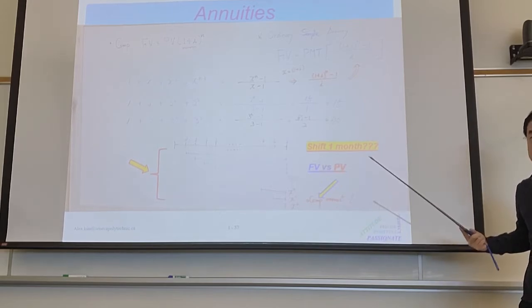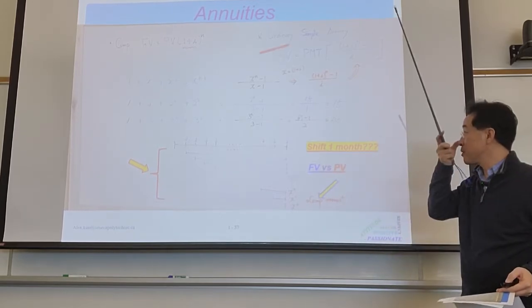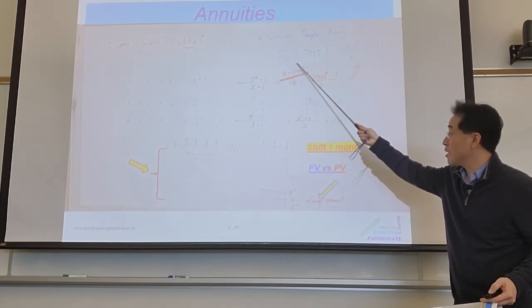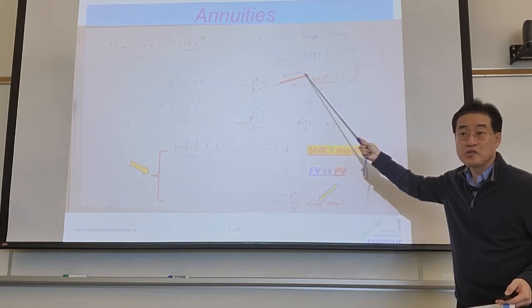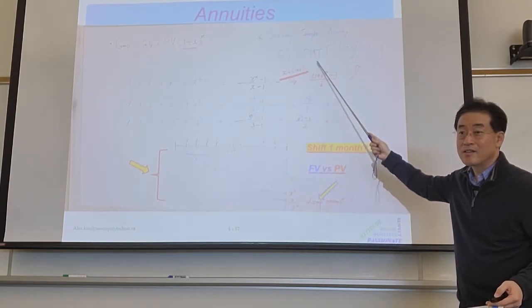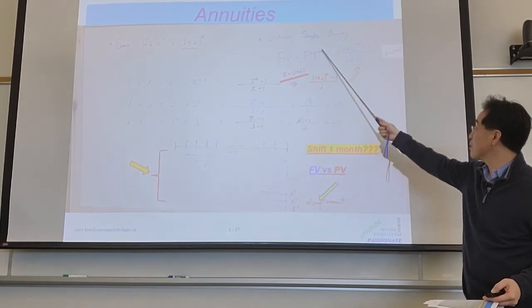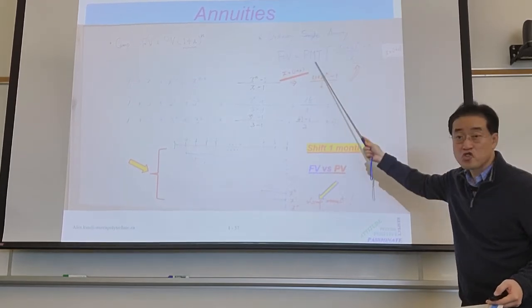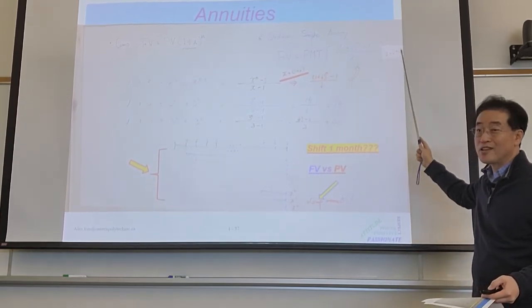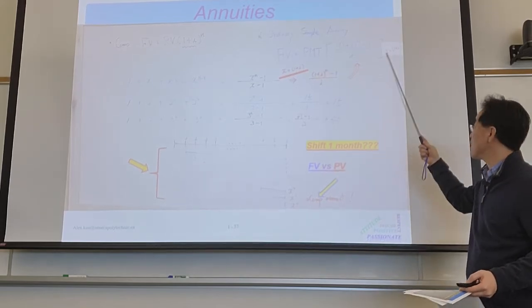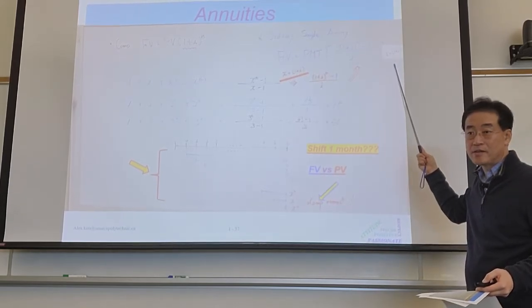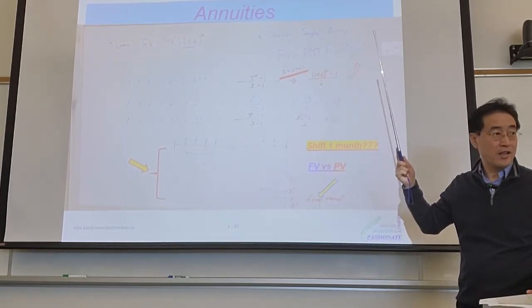You can imagine that. So if you understood the interest factor, then this is automatic, right? Because this is future value, you need to add one period interest factor at the end. Simple, isn't it?